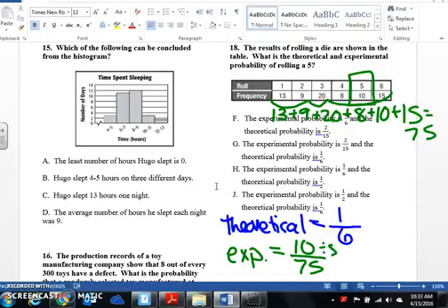And then I'm going to divide top and bottom by 5, giving me 2 over, forgot, 75 divided by 15. Okay, so my experimental probability is 2/15, and my theoretical is 1/6.